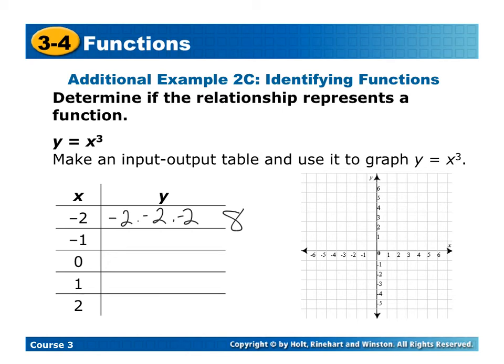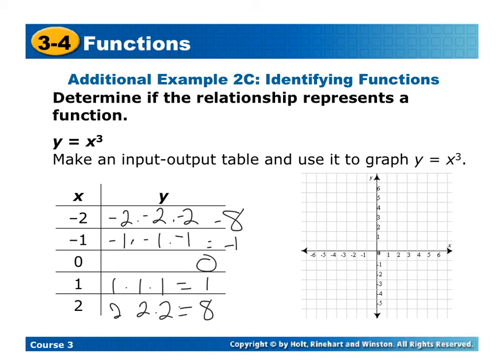We have an odd number of negatives, so it becomes -8. Here we have -1 times -1 times -1, which is just -1. 0 times 0 times 0 is just going to be 0. 1 times 1 times 1 is just going to be 1. 2 times 2 times 2 is going to be 8.